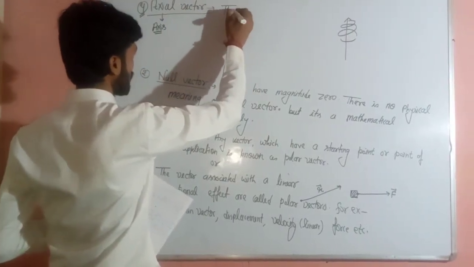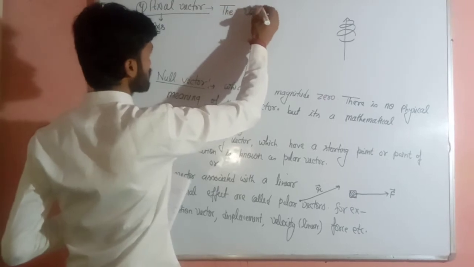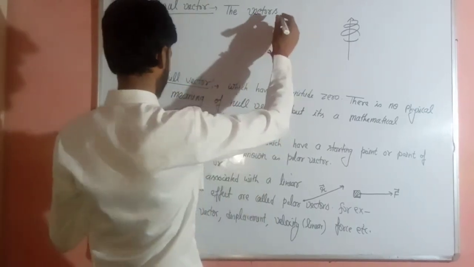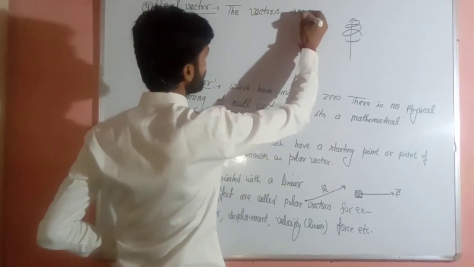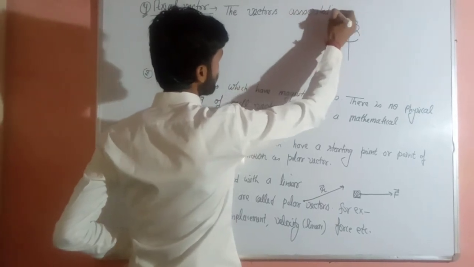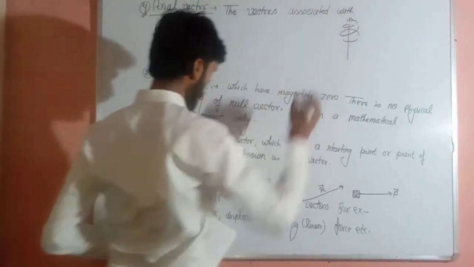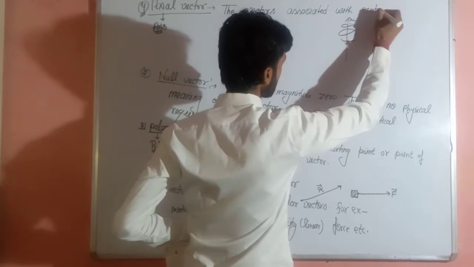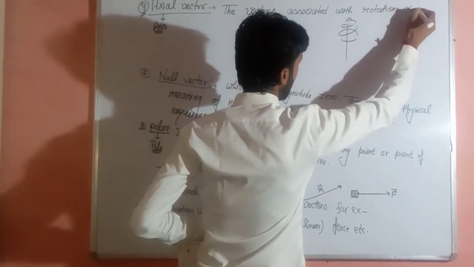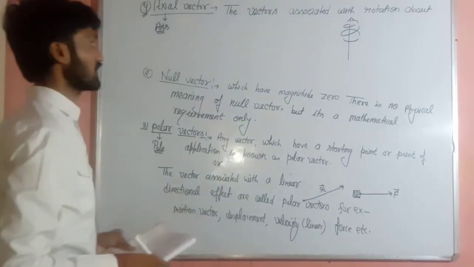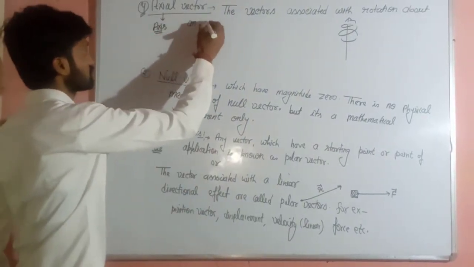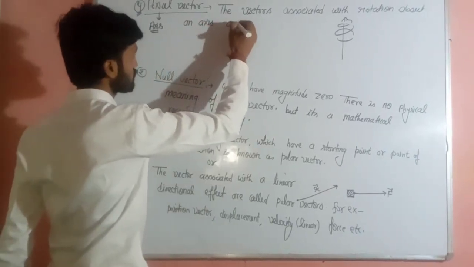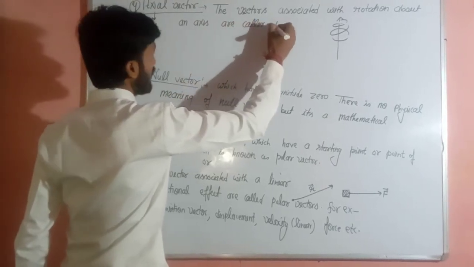So the definition of axial vectors is: the vectors associated with rotation about an axis are called axial vectors.